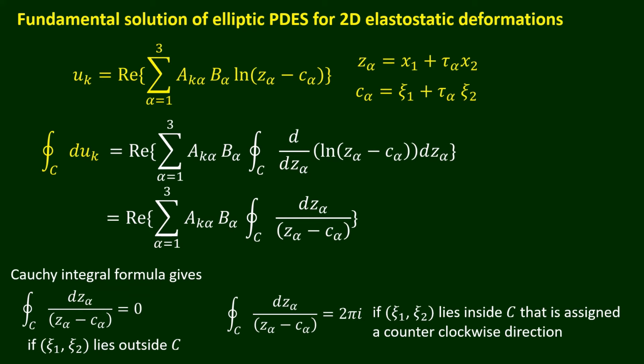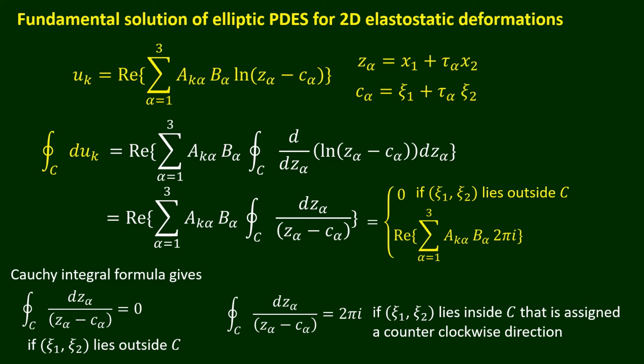Thus, the integral over C of du_k simplifies to 0 if (ξ1, ξ2) lies outside C, and the real part of the sum, α equals 1 to 3, A_kα B_α 2πi if (ξ1, ξ2) lies inside C.